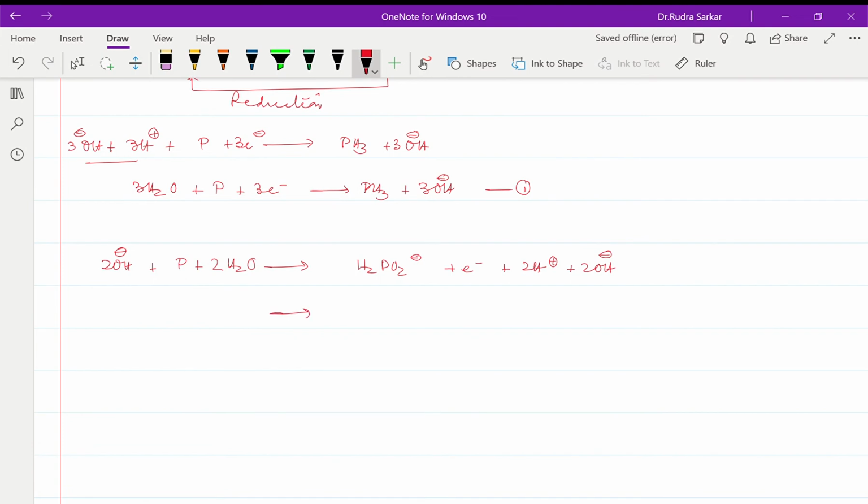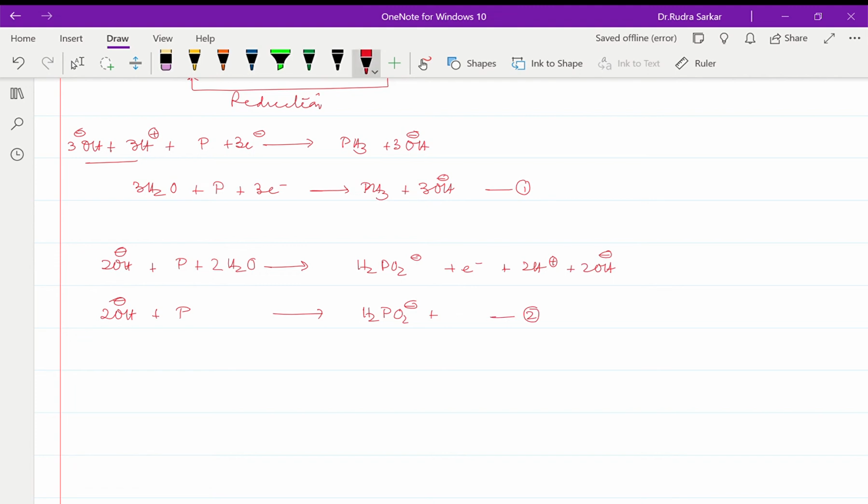That would mean the equation now gets transformed to this, that is 2H2O, plus P, plus 2OH minus giving you H2PO2 minus plus electron. 2H2O was here, so we erase this part. Okay, and so we have the new equation, which is equation number 2.